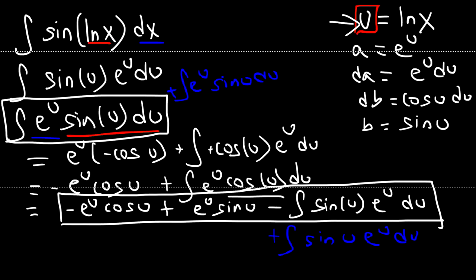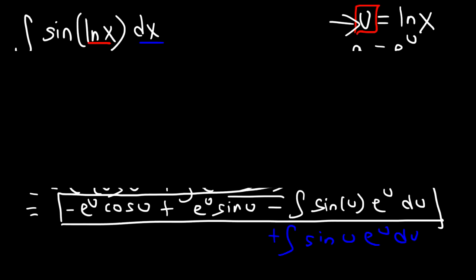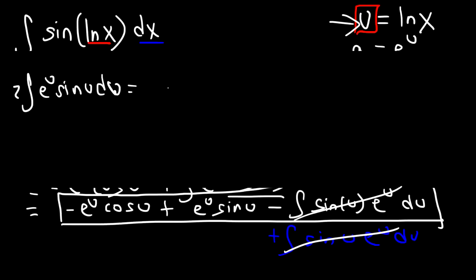Doing that, I'm going to have 2 times the integral of e to the u sine u du on the left side. These two will cancel. And on the right side, I'm going to write this one first because it's positive: e to the u sine u, and then minus e to the u cosine u.